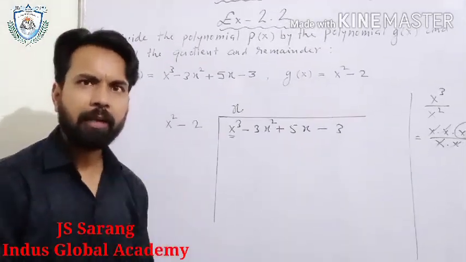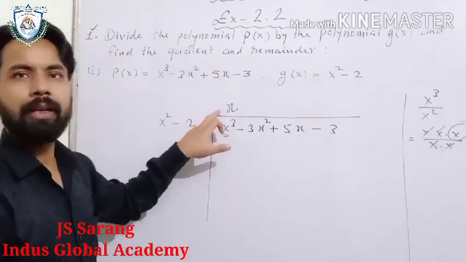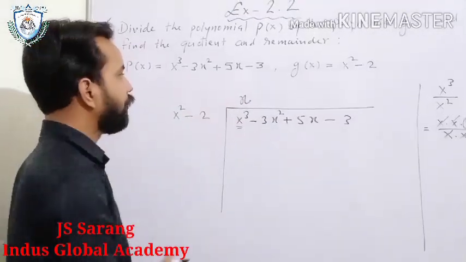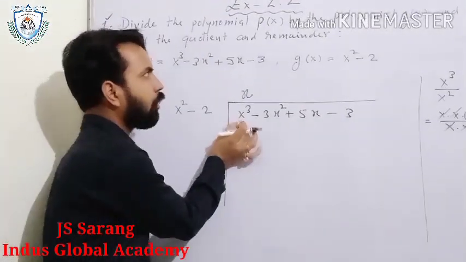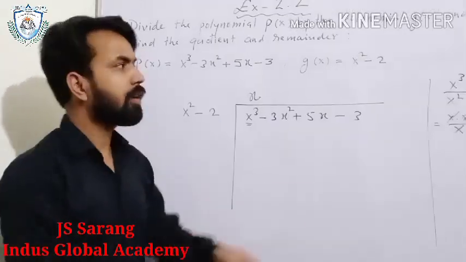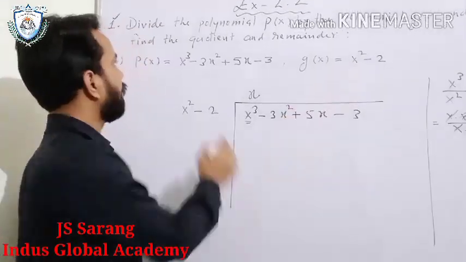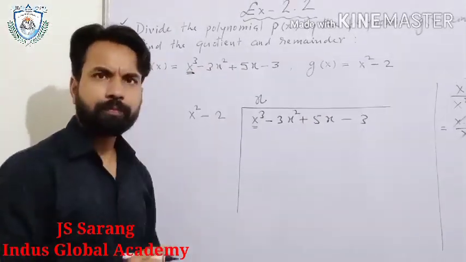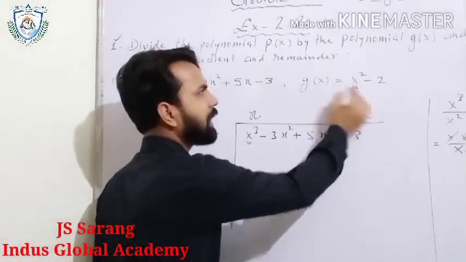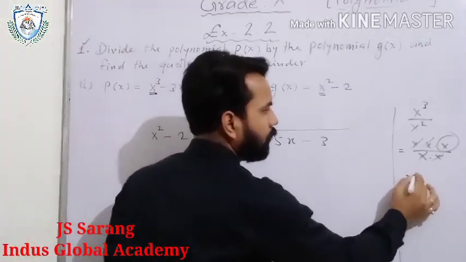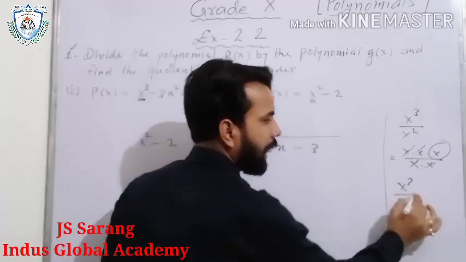Understood? Again I am explaining how we can get the very first term of the quotient. We will divide the very first term of p(x) by the first term of g(x). The very first term of p(x) is x cube and the first term of g(x) is x square. So x cube will be divided by x square.